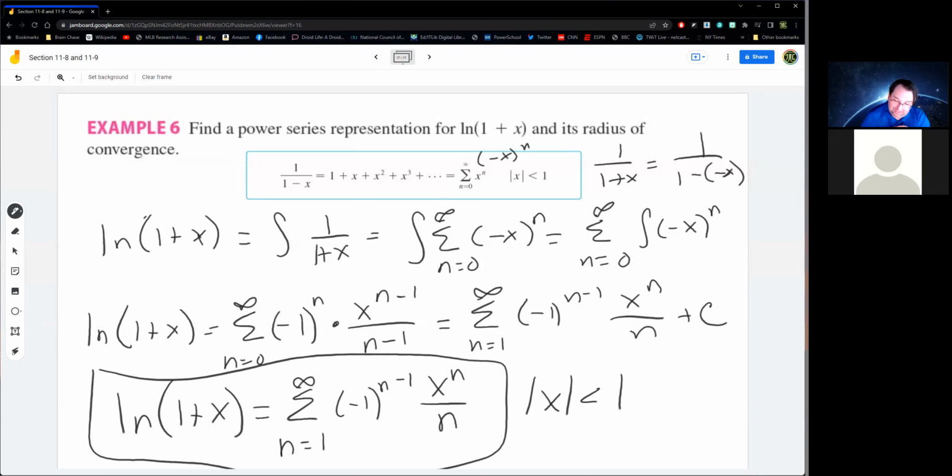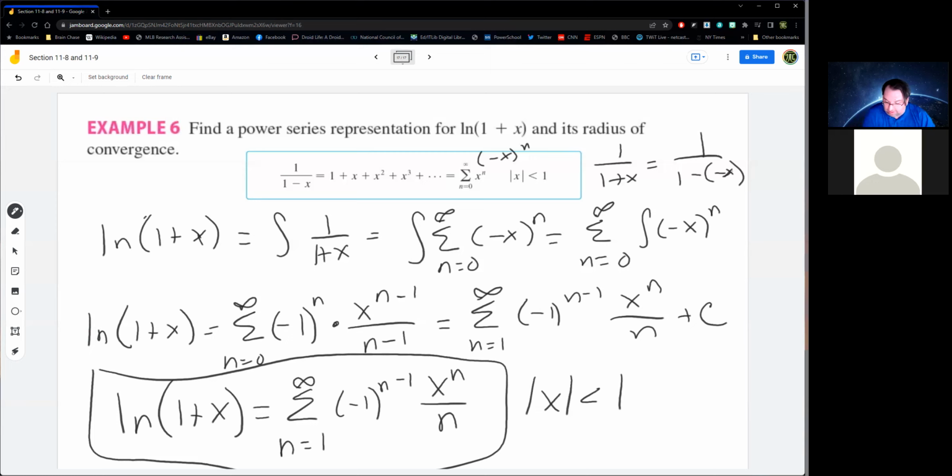Professor, I'm having a little trouble on the final statement there. Where did we get the n minus 1? I thought it was an integral, so we'd be adding 1, not -1. You are.